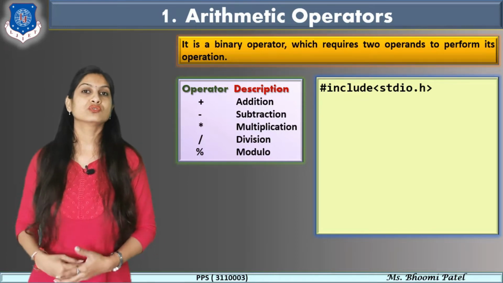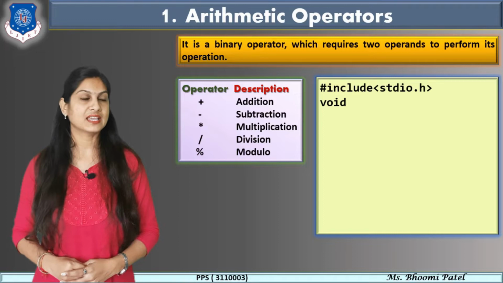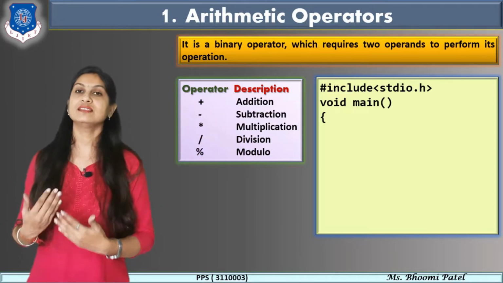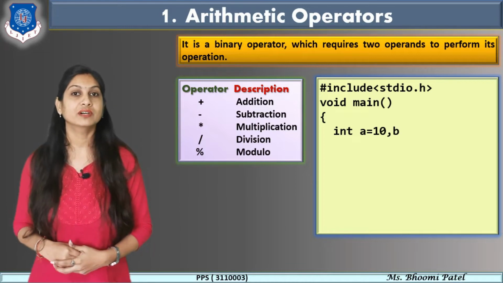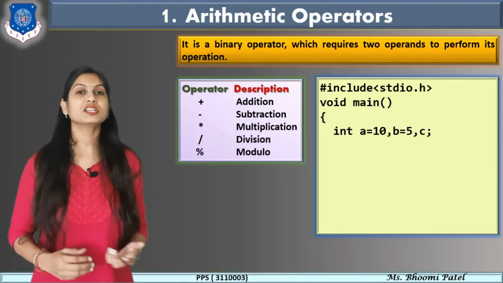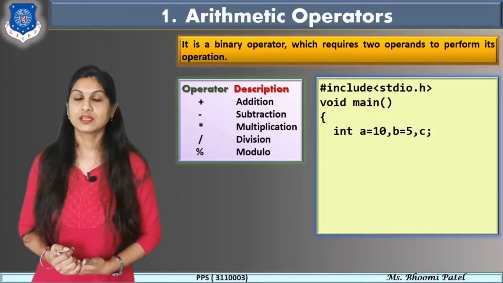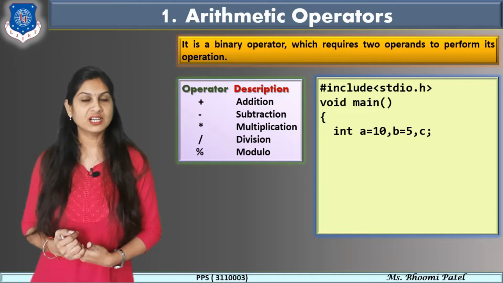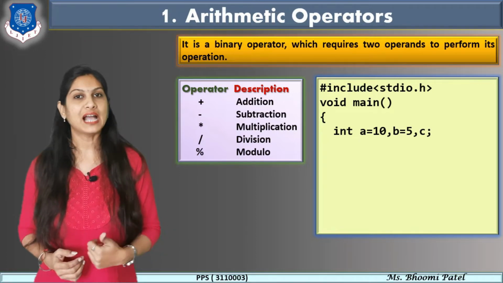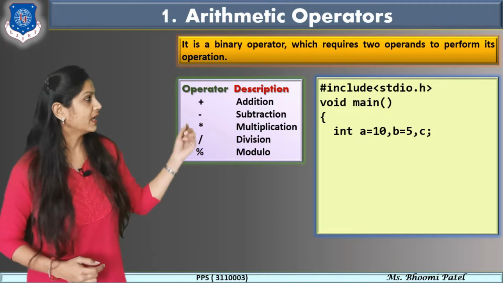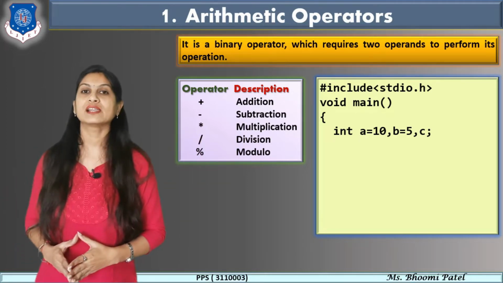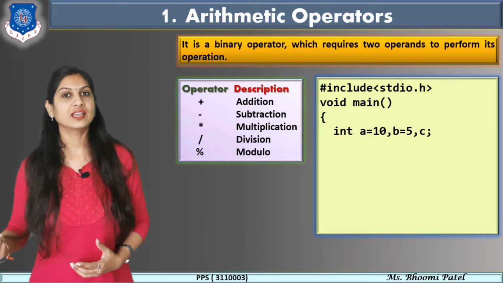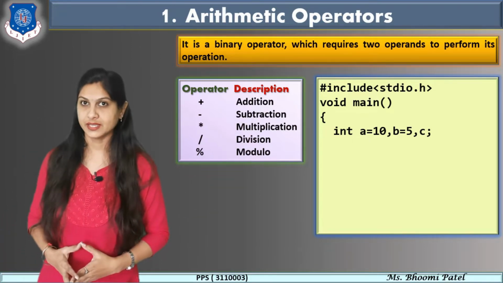After that we use the main function section, void main, and inside void main we declare the variables and then write our logic. For addition of 2 numbers we require 2 inputs and 1 output. So here I am taking integer a equals 10 and b equals 5. These 2 are our input, and the answer is stored in a variable c.